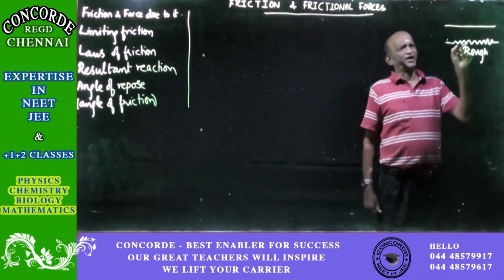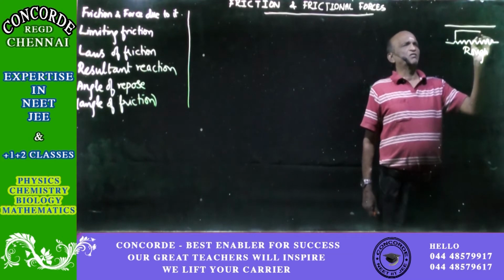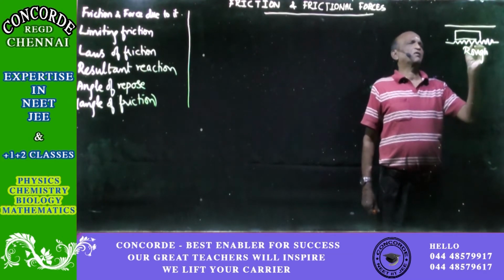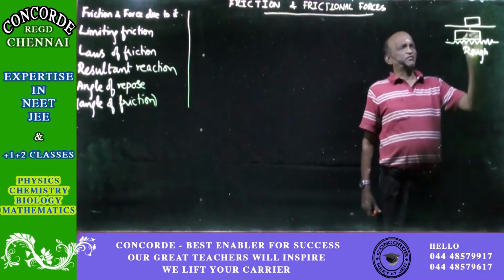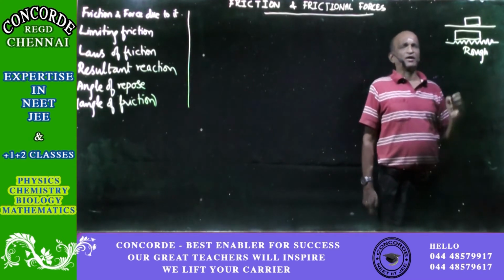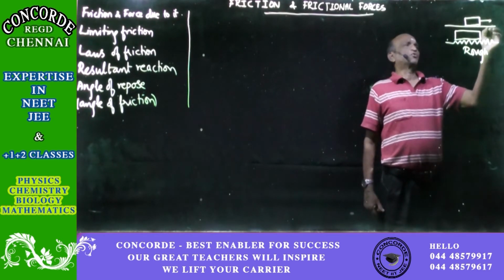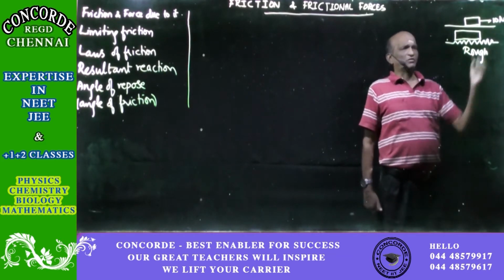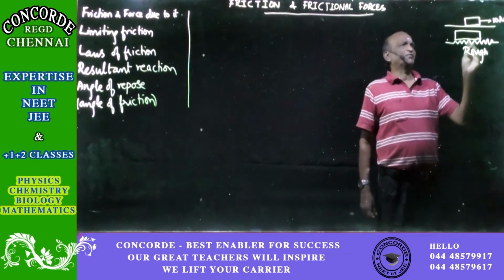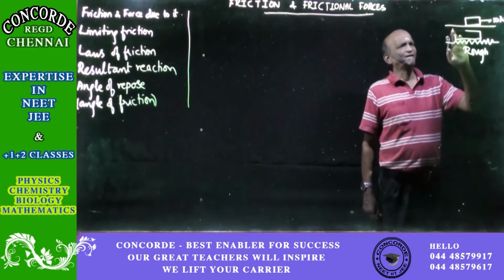For moving a body on this surface, it is not easy. Suppose to move a body over here, everything is the same: same shape, same size, same material. And if you want a 10 Newton force to move the body, then on the rough surface, everything is the same, no difference otherwise.